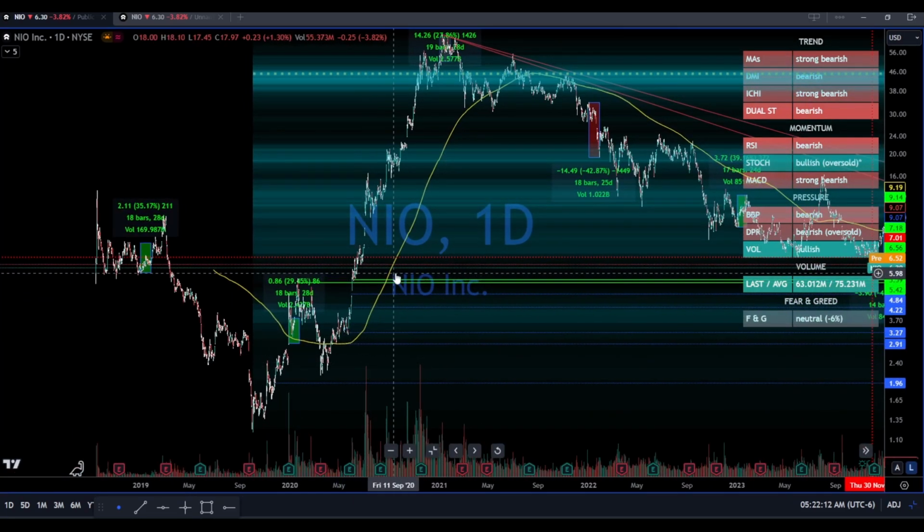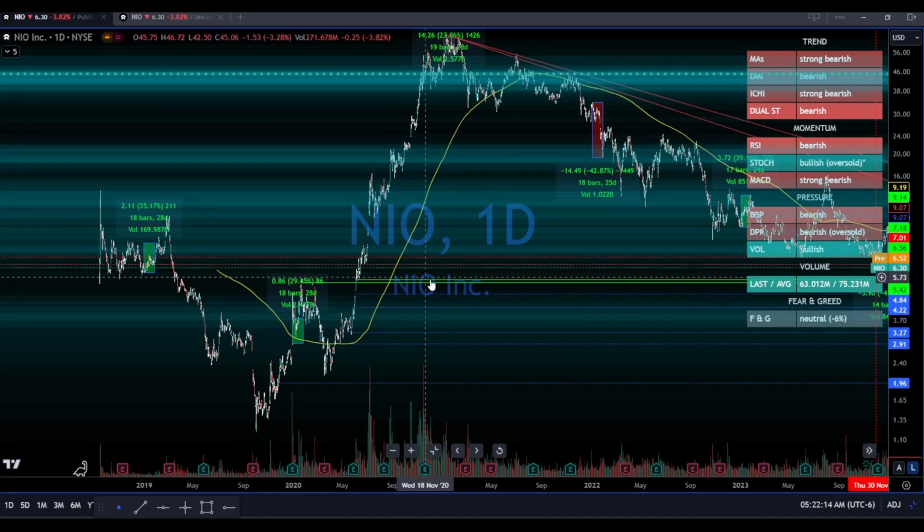But to explain why this level is relevant to me, this $5 area, 5.5, is because if we go back to its inception, it was support for a while before finally breaking under, getting rejected at that same 5.5 level, which to me tells me that it became resistance. And we'll see a similar dynamic when we go into the dark pool data.